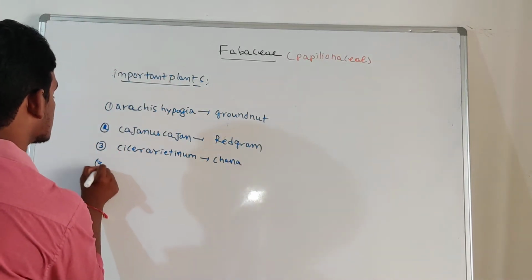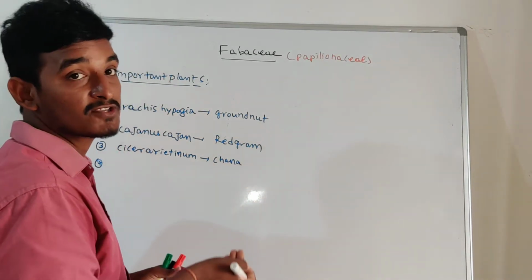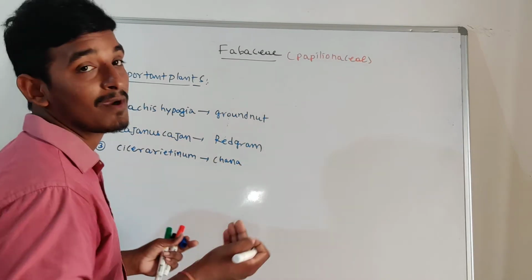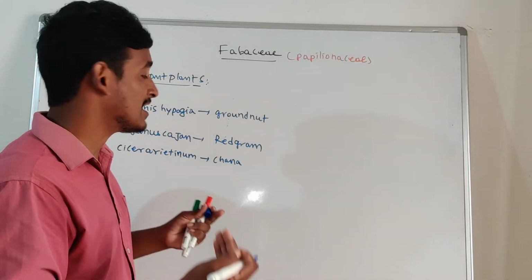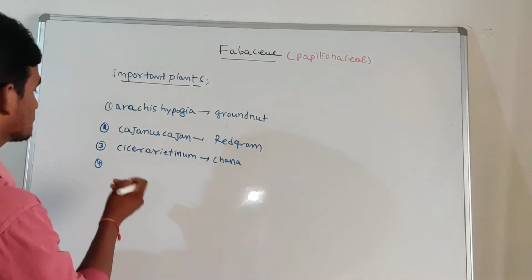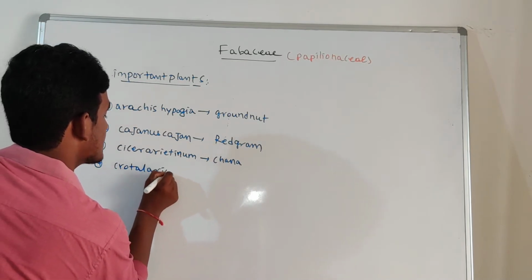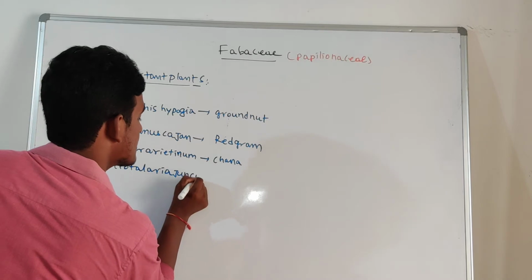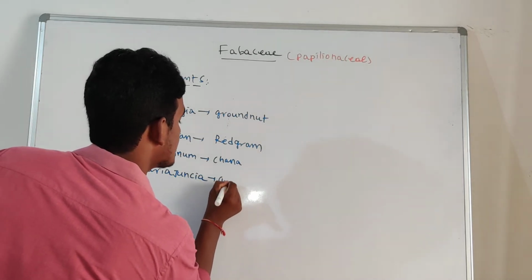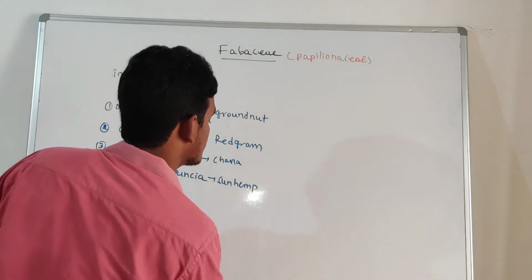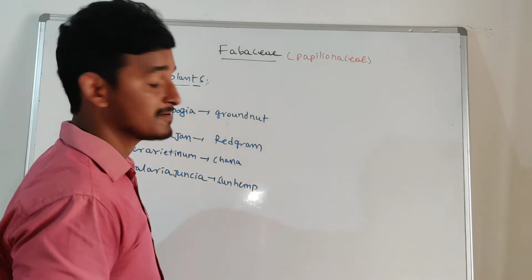And along with this, some other plants. Many plants belong to the Fabaceae family. Which plants have economic importance? All those we are discussing now. Crotalaria juncea, sun hemp.